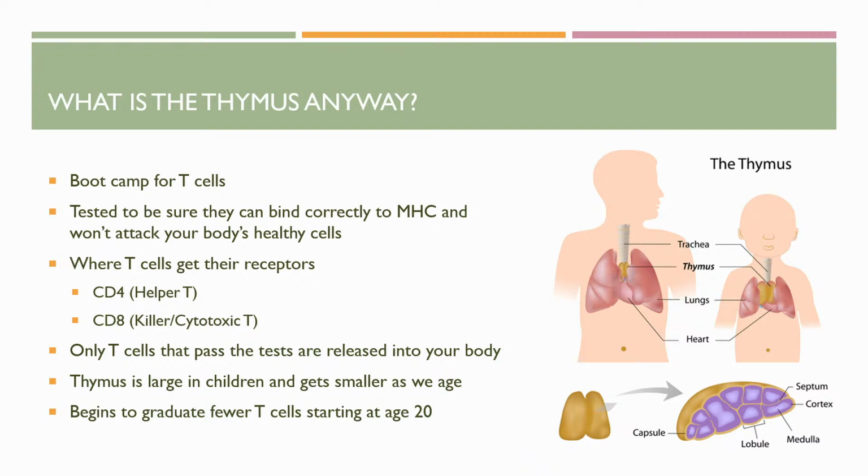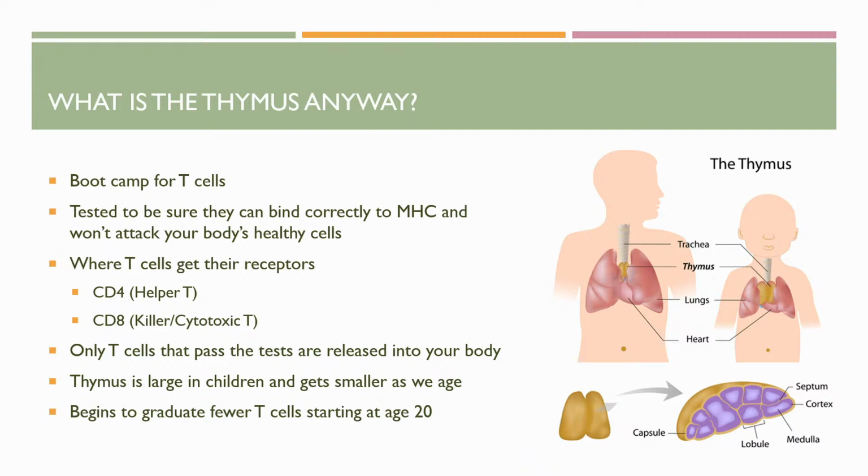And so basically in the thymus, they're being tested to make sure that they can correctly bind to MHC. We'll talk about what that is. And so basically, they have to go through this quality control check to make sure that they won't attack your body's healthy cells. So just like B cells, they also have to undergo these checkpoints to make sure there's no reaction to self.